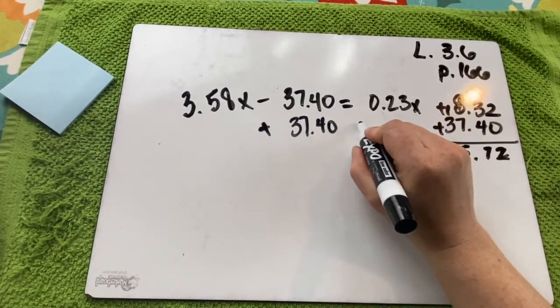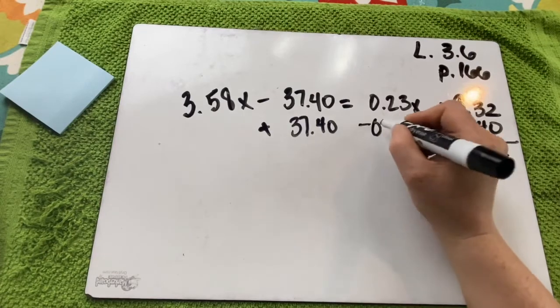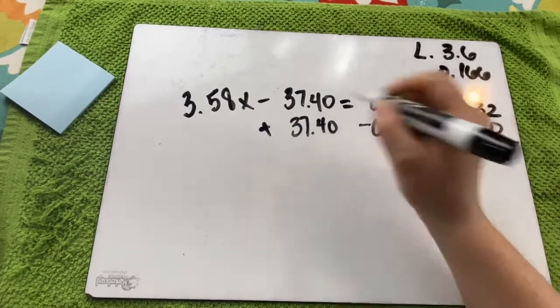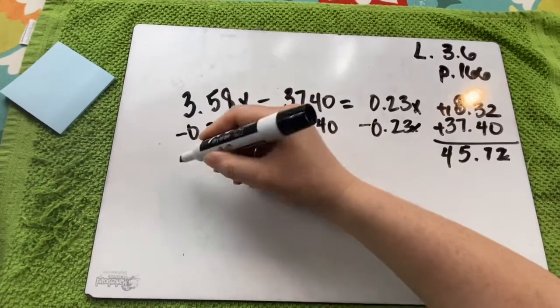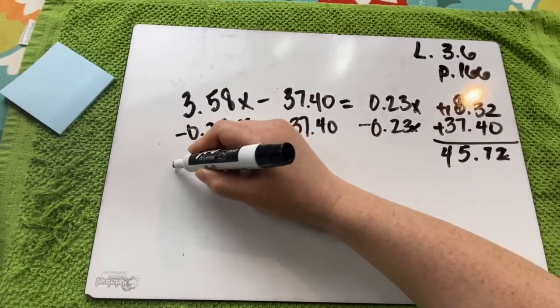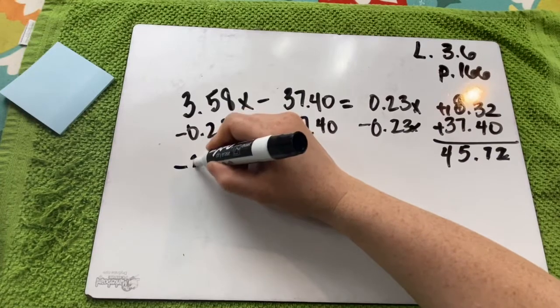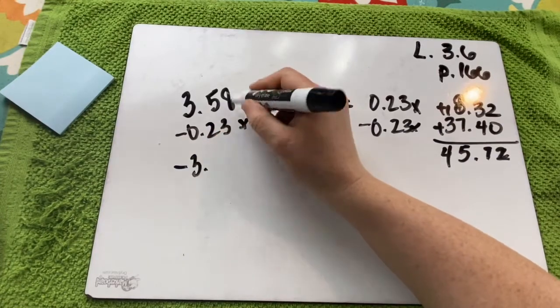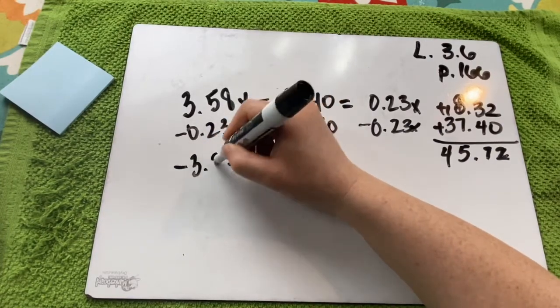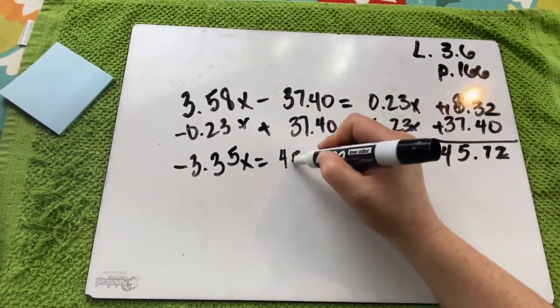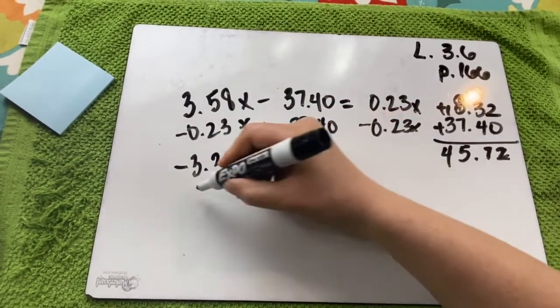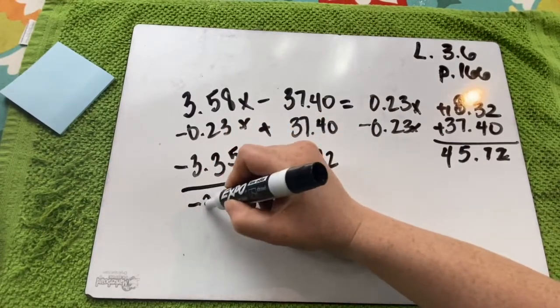And then you can minus 0.23x minus 0.23x. So this will be 3.53x equals that, 45.72. Use your calculator.